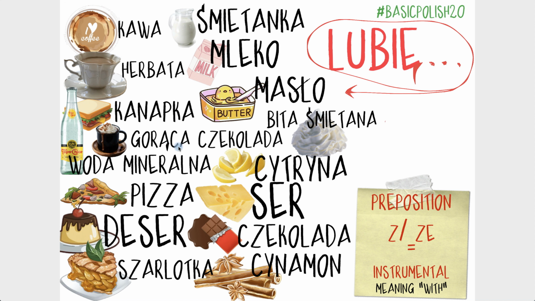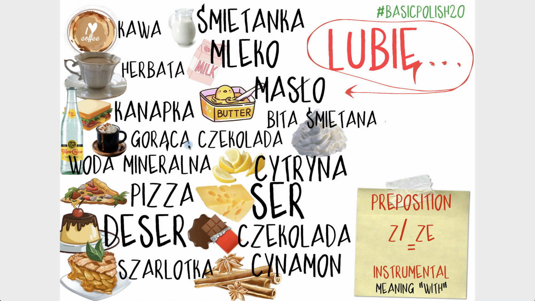Now, we've got accusative, instrumental in this example, but we've also have adjectives here. So, adjective, noun in accusative, adjective, noun in instrumental. Let's do it. Lubię gorącą czekoladę z bitą śmietaną.